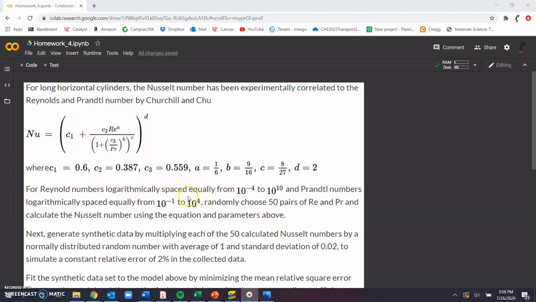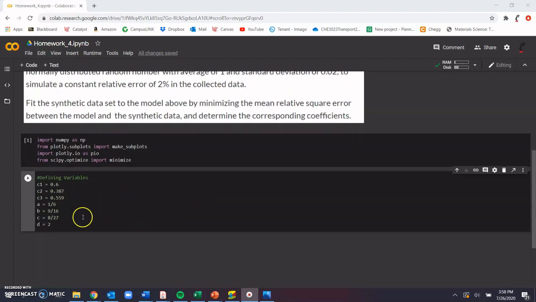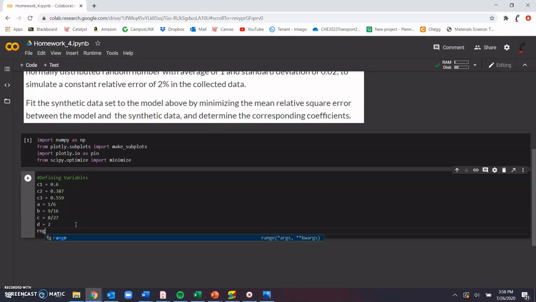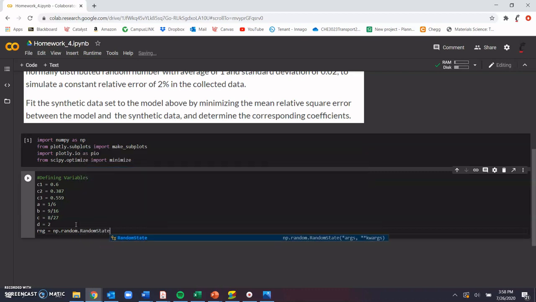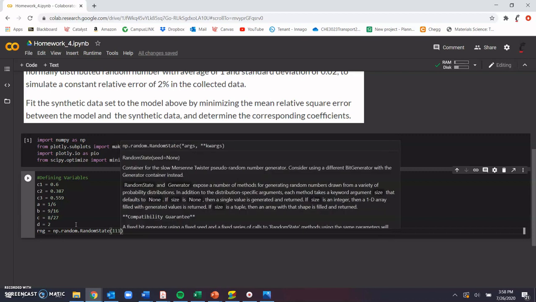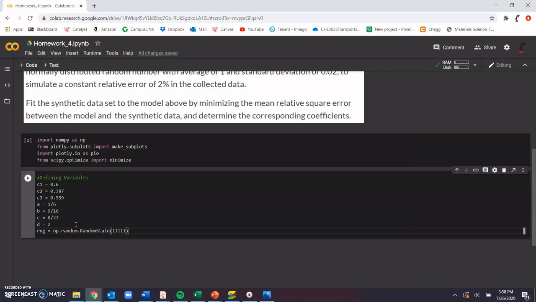So to equally space our Reynolds and Prandtl number and then randomly choose 50 pairs, this is what we're going to do. We're first going to make a range for our random values. So we'll do np.random.RandomState, and I'll just put in 1, 1, 1, 1, 1, something. This basically just gives us a code so we are always generating the same random data.